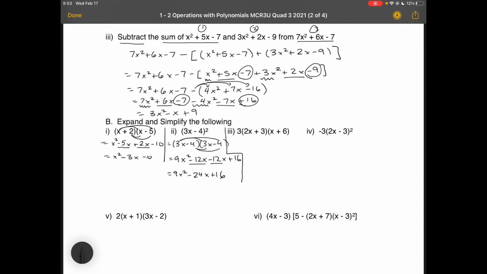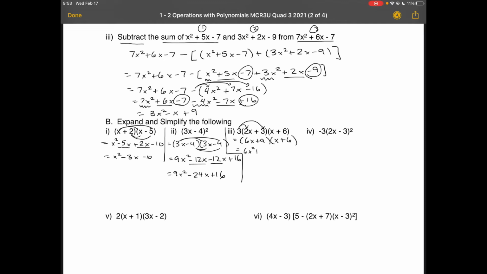Our third one is another example of FOIL, but this time it has a constant in front of it. You have two options. You can either multiply the second two brackets first, or you can distribute the 3 into the first bracket and then multiply it from there. I'm going to choose that option. So my 3 is going to distribute into the first bracket only. And now I'm left with another FOIL situation.